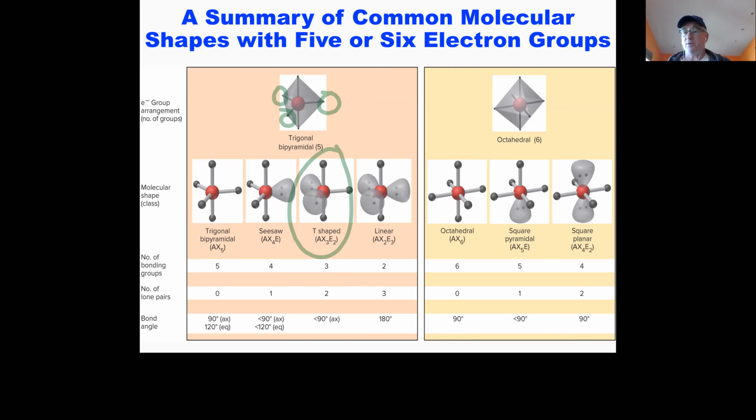Well, if we had a lone pair at the top and a lone pair at the bottom and the 3 atoms, that would give you the greatest amount of electron repulsion, because all of the atoms would be separated by 90 degrees from the lone pairs rather than 120. That would give you more repulsion.